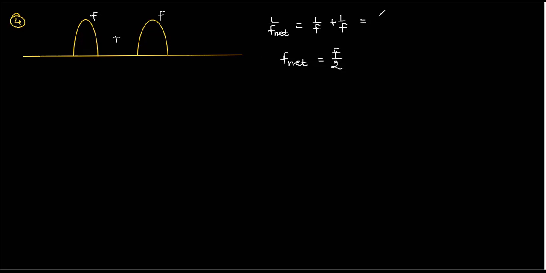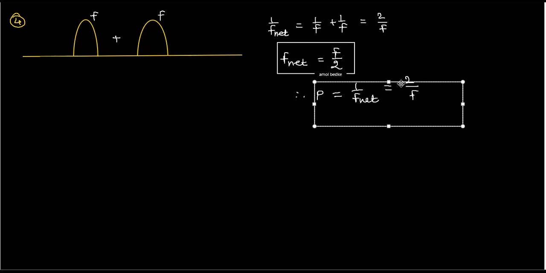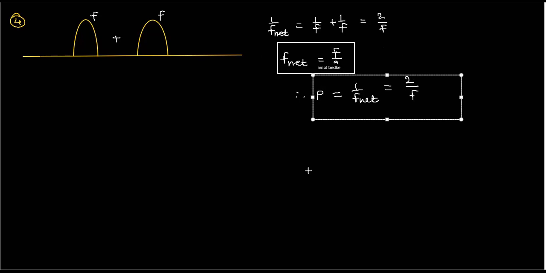If we take the reciprocal, this is f by 2, and therefore power is equal to 1 by f net, which is 2 by f. So for this combination, this is what the power and focal length are.